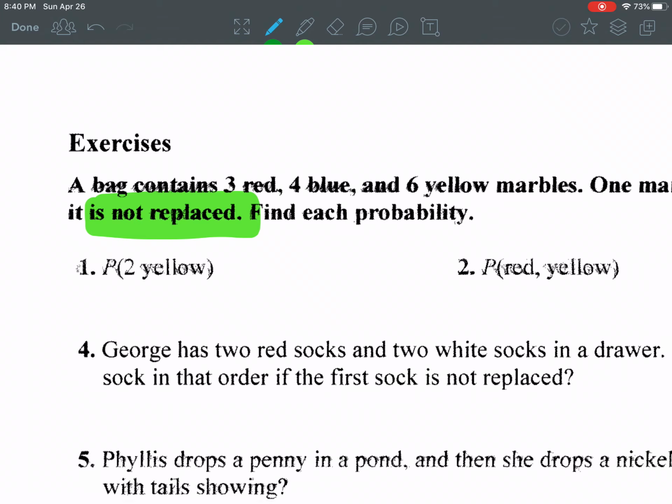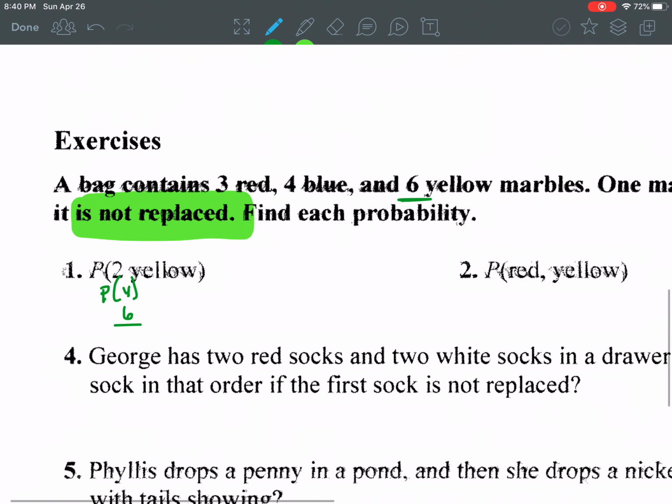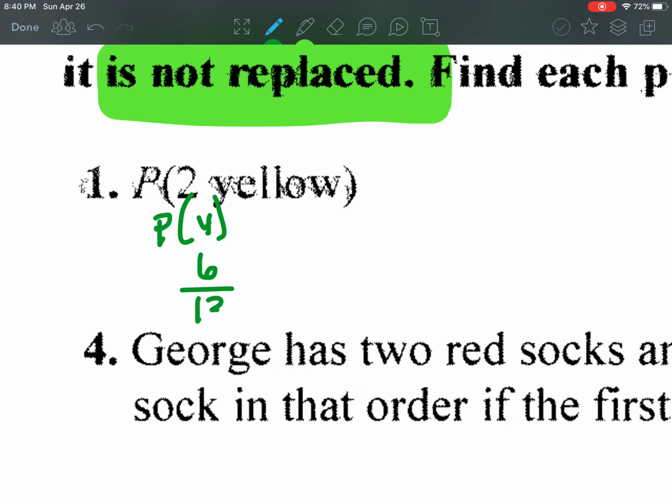So the probability of the first one being yellow, again, think about how many yellow marbles there are. There's 6 yellow marbles. So 6 out of how many total do we have? 3, plus 4 is 7, plus 6 is 13. So 6 out of 13.